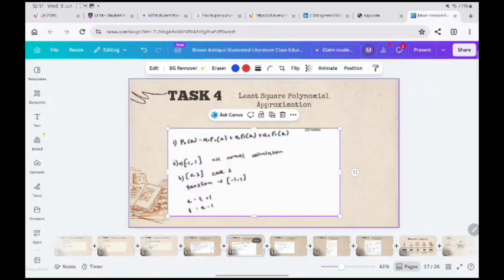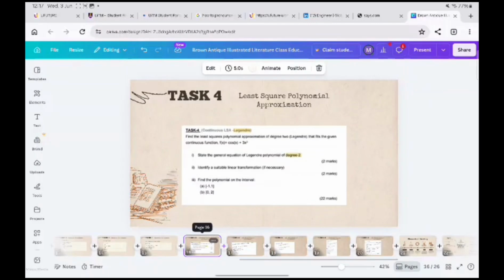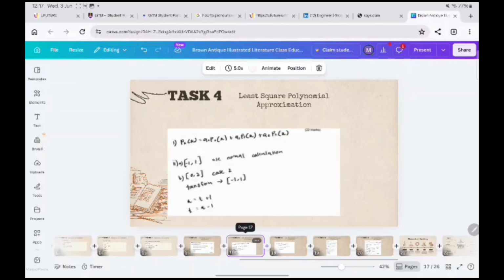Next, for question 2, identify a suitable linear transformation if necessary. For interval negative 1 to 1, no transformation is needed because Legendre polynomials are already defined on the interval negative 1 to 1.